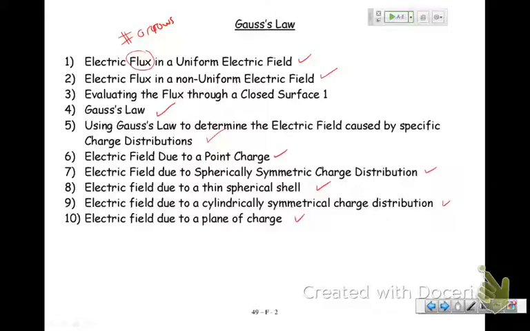So we really want Gauss's law because it enables us to find the electric field at a given point near a family of charges much more efficiently than we could using Coulomb's law.